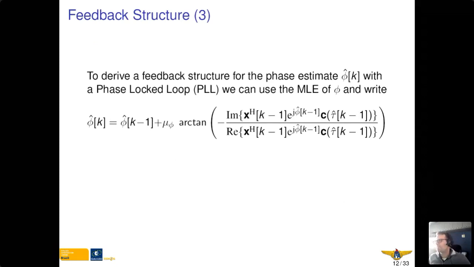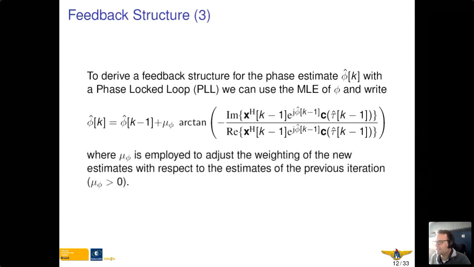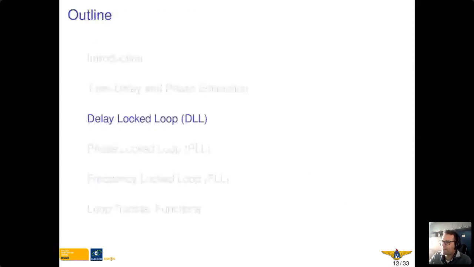The second term tries to estimate the phase estimation error and update the phase estimate to correct this error. And we also have to define again a step size, so mu phi, for this gradient method.